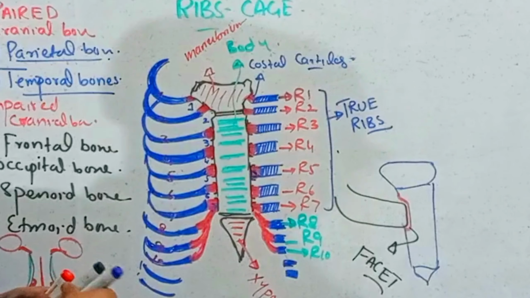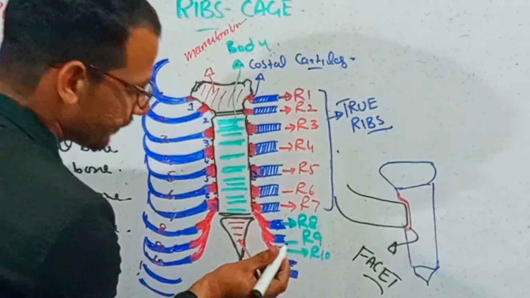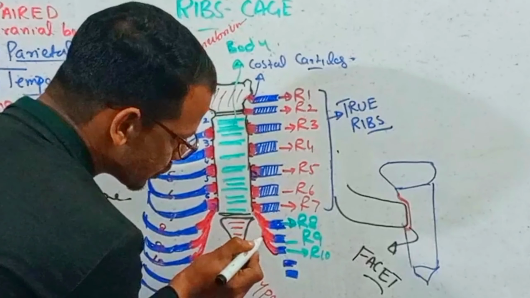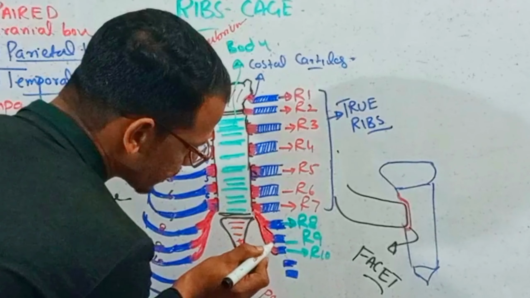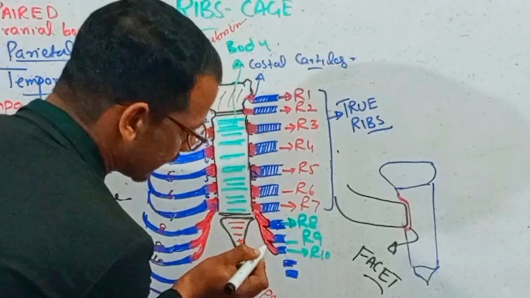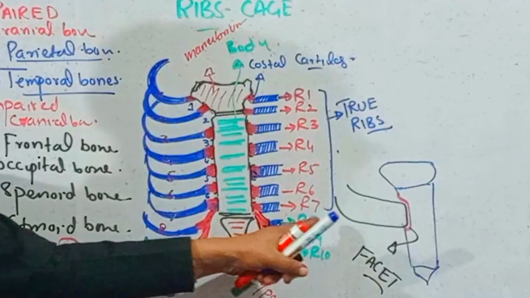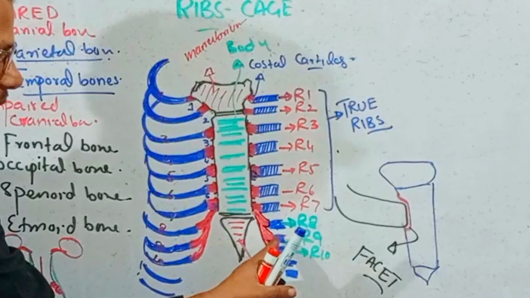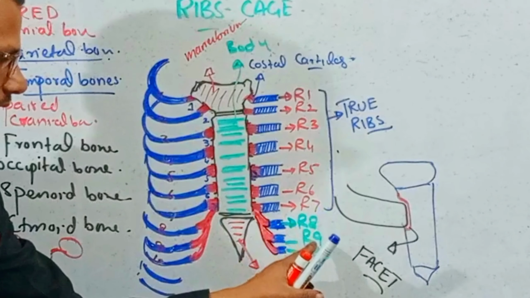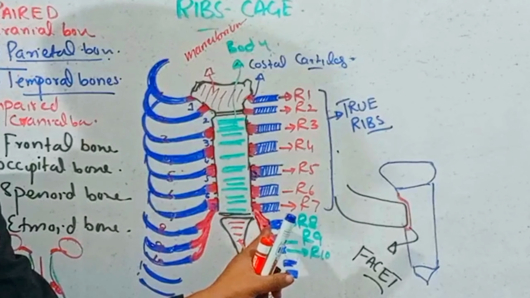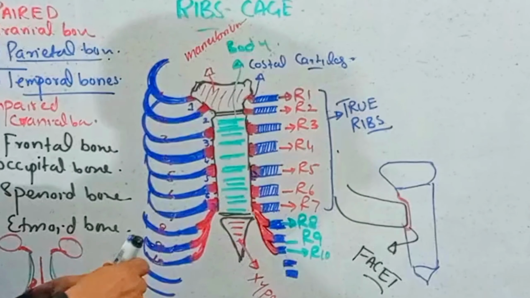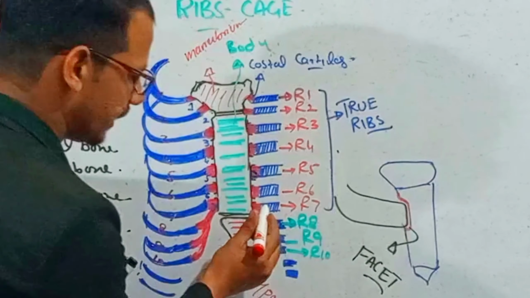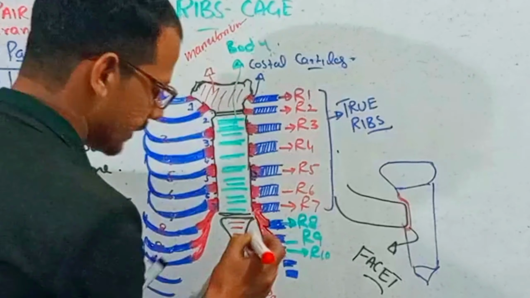The next 3, R8, R9, and R10, are first attached to each other by the costal cartilage. This is the costal cartilage of R8, R9, R10, meaning that R8, R9, R10 have the same costal cartilage, right? And this costal cartilage joins the costal cartilage of the 7th rib.